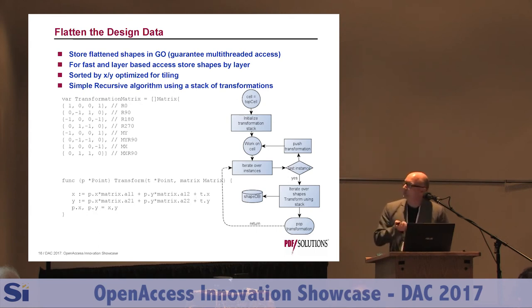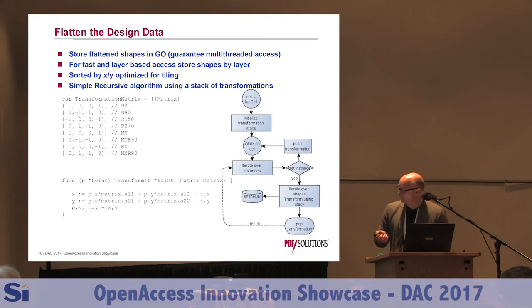We simply traverse the hierarchy recursively, from the top node to the leaf node, and on our way down, we build up a simple stack of all the transformations through all the instances we went through. If your top cell has an instance which places some cell in an R90, you simply record this transformation matrix plus the offset vector, and so you go from instance to instance to instance until you are at the bottom, your leaf node, and then you transform your polygon.